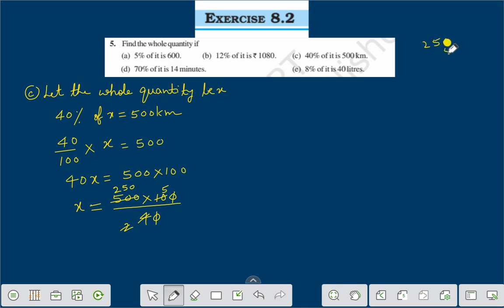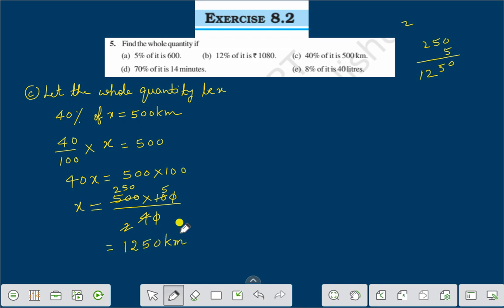Multiply it by 5, that is 1250. Right? Therefore, the value of x is 1250 kilometers.